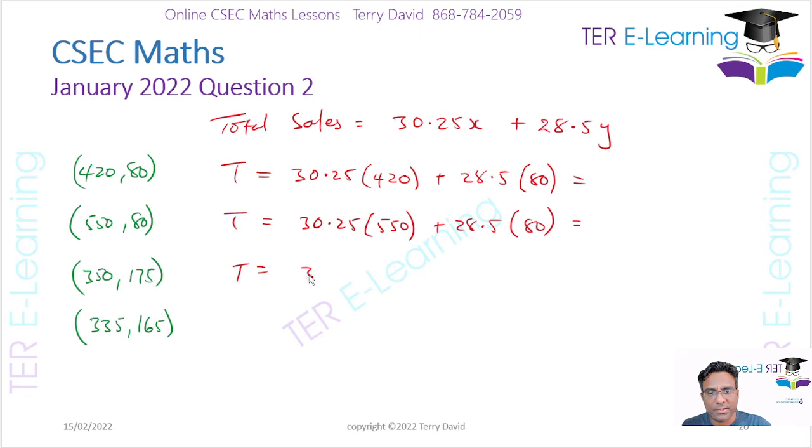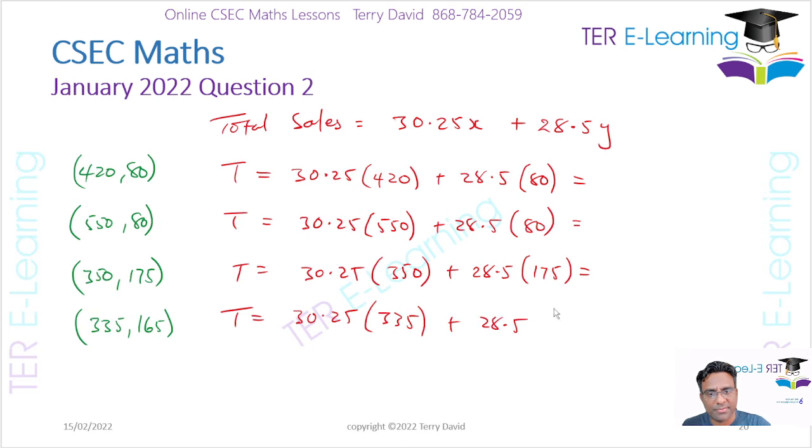This one will be 30.25 multiplied by 350 plus 28.5 multiplied by, sorry, not 80, 175. And then the last one is going to be 30.25 multiplied by 335 plus 28.5 multiplied by 165. So we need to work out each of these values, and from that, we can figure out the largest value.